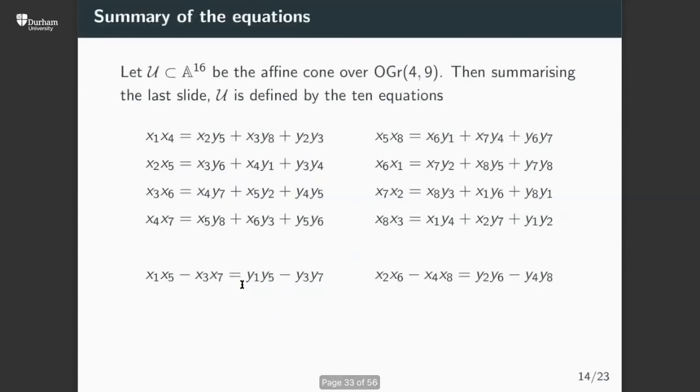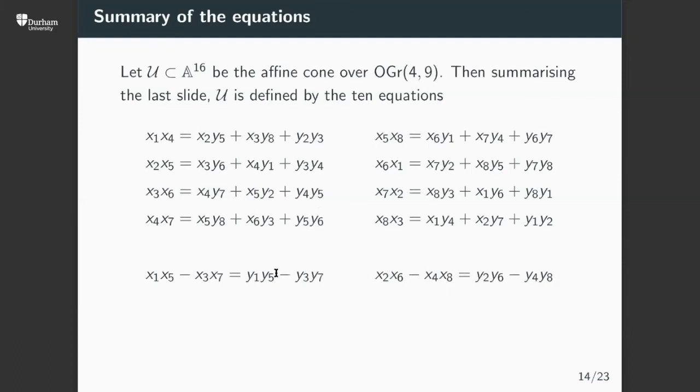And so let me just summarize. If you're completely lost, let me just summarize what I've done for you. We've got an affine variety here in a 16-dimensional space. So the coordinates are xi and yi, and it is defined by these very nice 8 periodic symmetric equations. So x1 x4 is blah, blah, blah, dot, dot, dot.